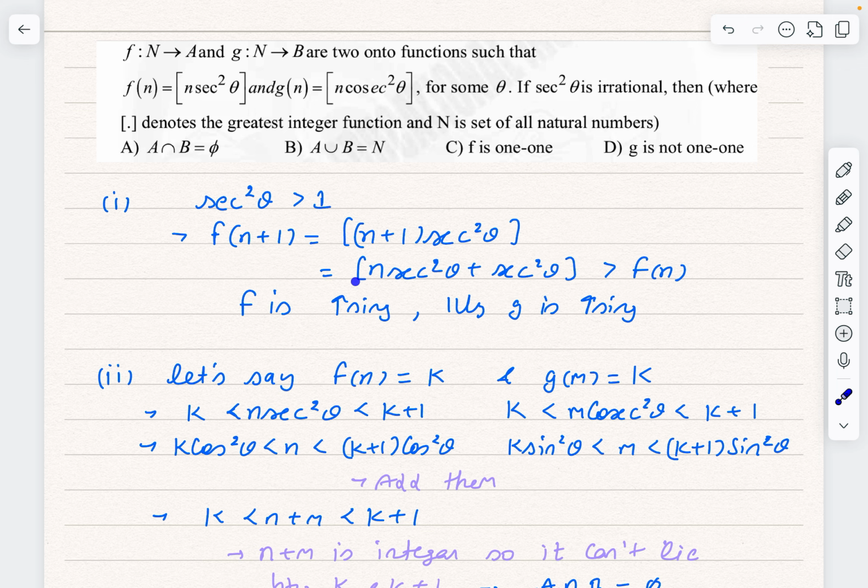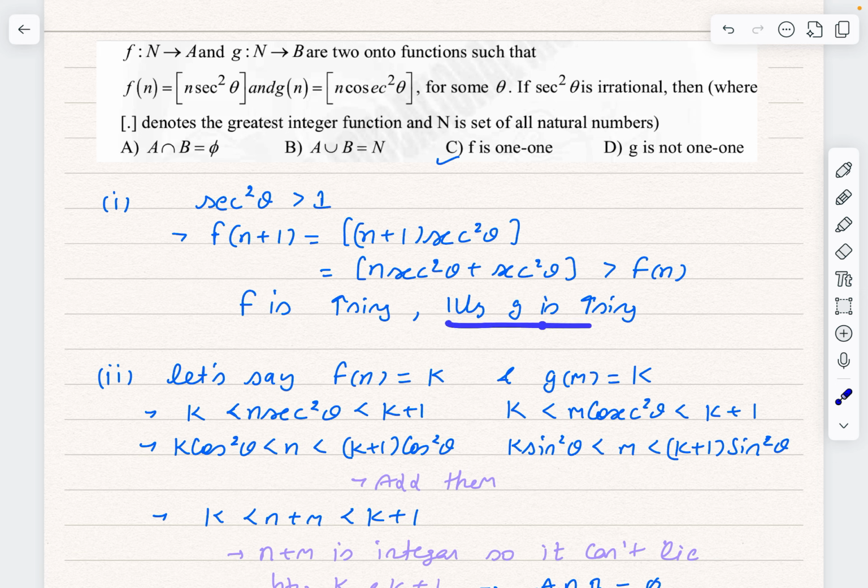So floor of (n secant square theta plus secant square theta) will be more than f(n), which is floor of n secant square theta, because when you add a number which is more than 1, the floor value will be the next one. So we can say this for all of them. So f will always be an increasing function, so it has to be a 1-1 function, because the next integer will always give you a value which is at least 1 more than the previous one.